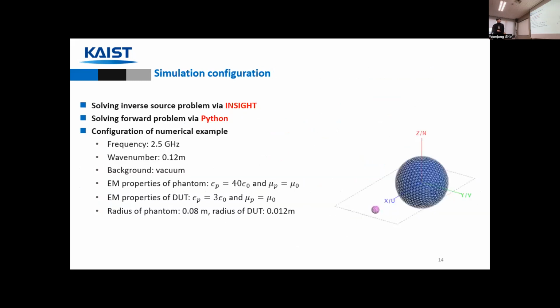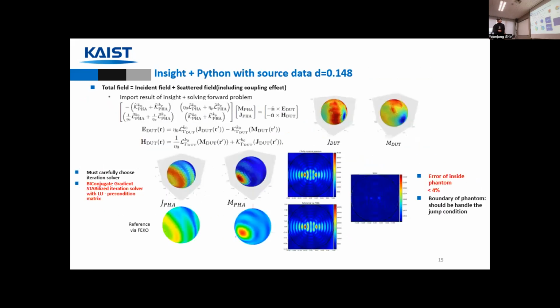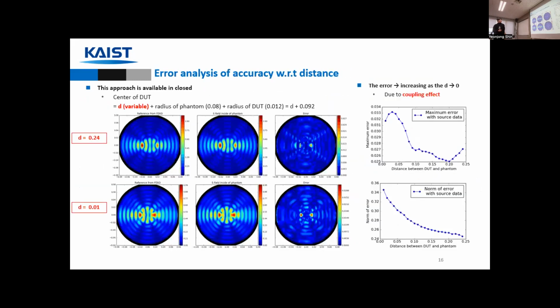I skip this, and we consider only a very simple 3D problem. If 0.24 means 24 centimeters between the cell phone and the human phantom, then we have a successful result.